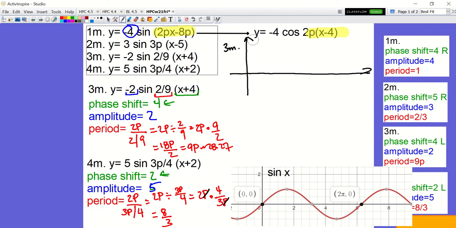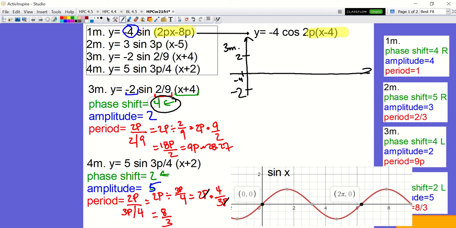Okay, and our amplitude is 2 here, so I'm going to go 2 and minus 2. Our phase shift is 4, 4 to the left. So instead of starting at x equals 0 here, we're going to start at x equals minus 4, because of this.